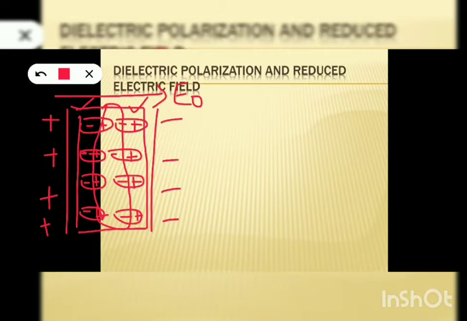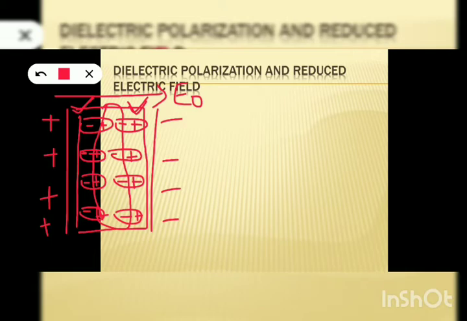Two opposite charges are induced on the two opposite faces of the dielectric. So here negative charges are induced on this face of the dielectric and positive charges are induced on this face of the dielectric.